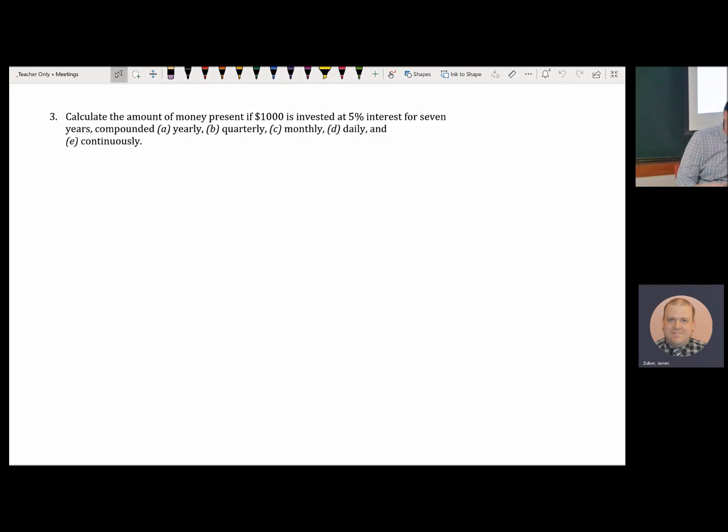So compound interest, you gain interest on the interest, right? So it's basically saying you're reinvesting the interest that you earn.